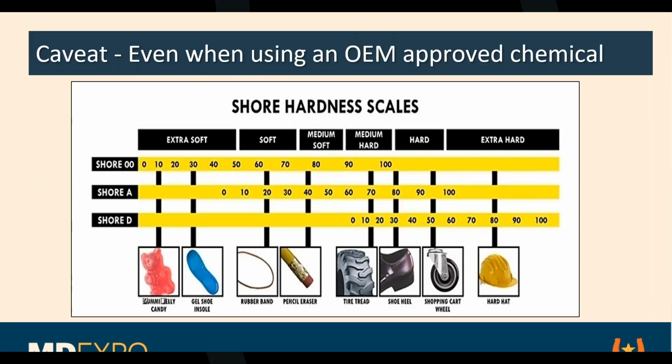You guys heard of Shore hardness? You go from a jelly bean candy all the way up to a tire tread in hardness. The RTV that's typically used for the lens falls anywhere from 70 to 80. And that shows you what it is.